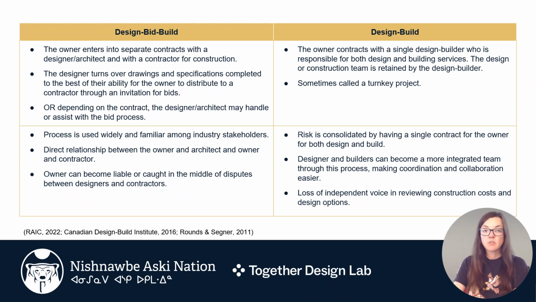Or, depending on the contract, the designer or architect may handle or assist with the bid process. This process is used widely and is very familiar among industry stakeholders. Direct relationships between the owner and the architect, and the owner and the contractor. The owner can become liable or caught in the middle of disputes between designers and contractors.